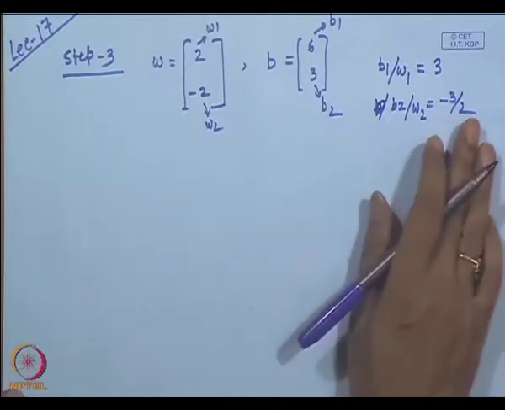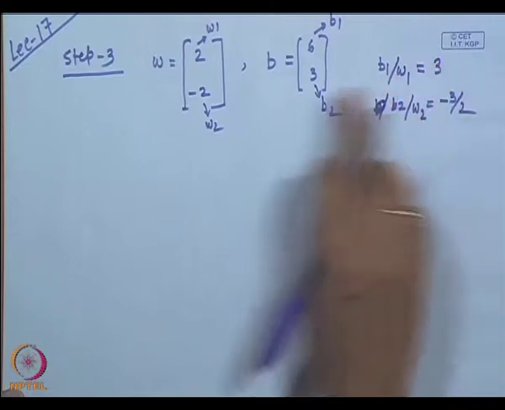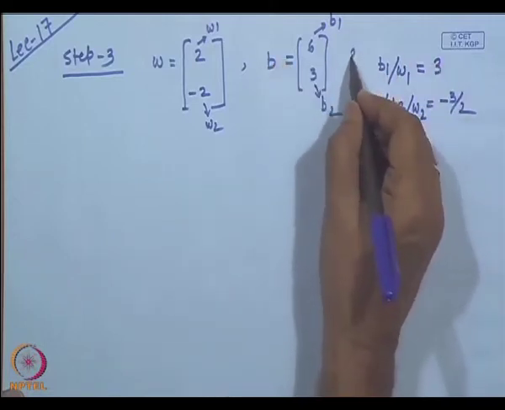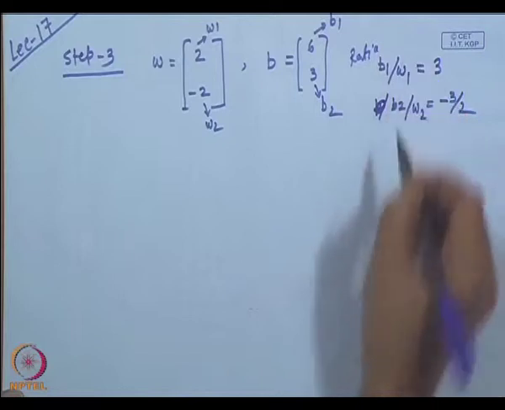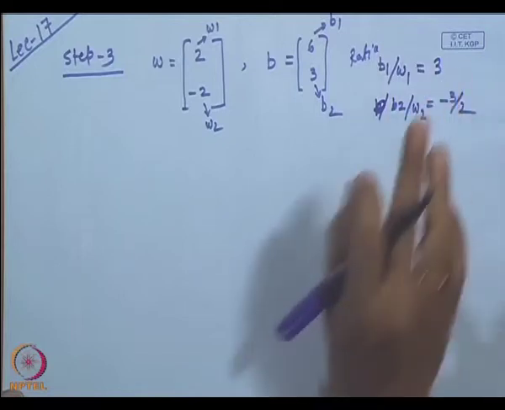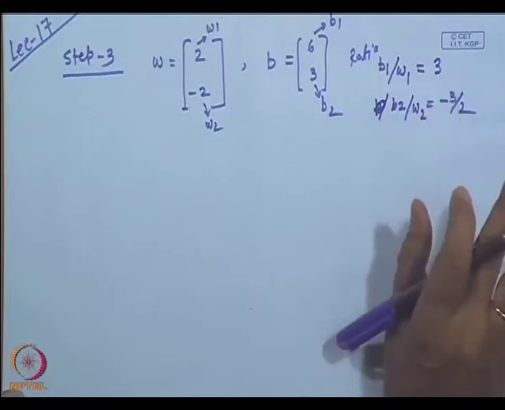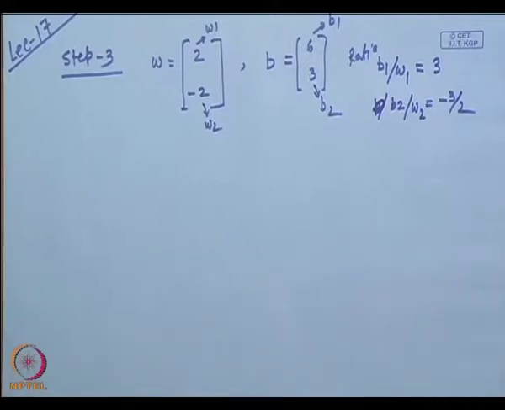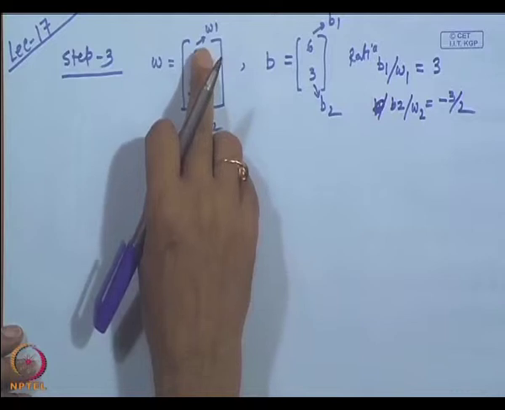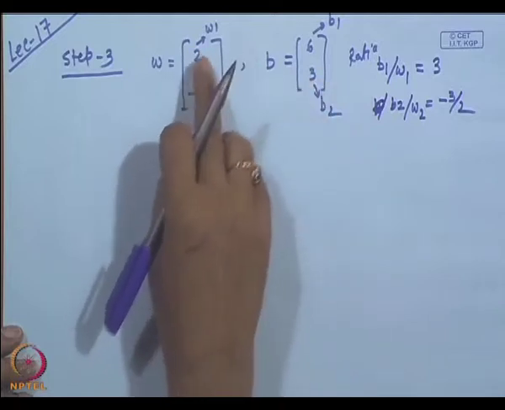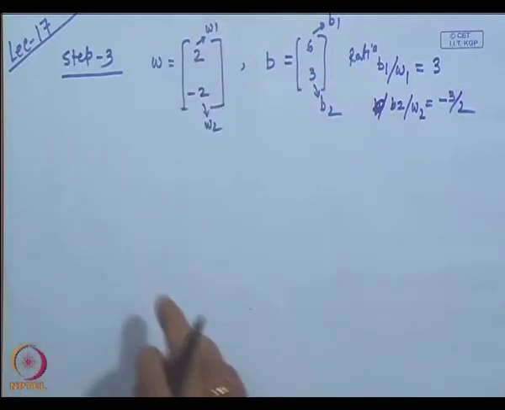We have to find this ratio, and out of these we consider only the positive one, because w is associated with x 4, which we are considering as a basic variable.